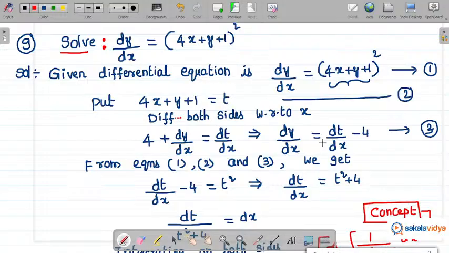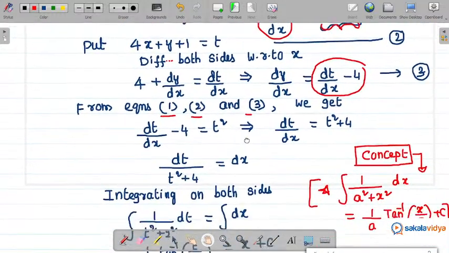So dy by dx is equal to dt by dx minus 4, say equation 3. From equations 1, 2, 3 we get, instead of dy by dx we can write dt by dx minus 4 equal to, instead of 4x plus y plus 1, t, so it becomes t square. Now dt by dx is equal to t square plus 4.